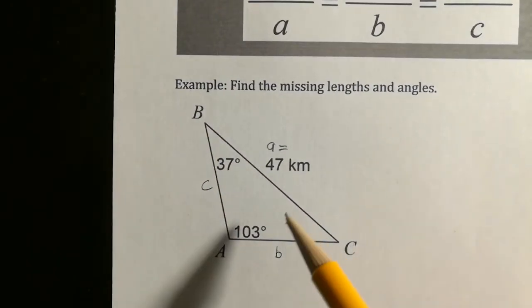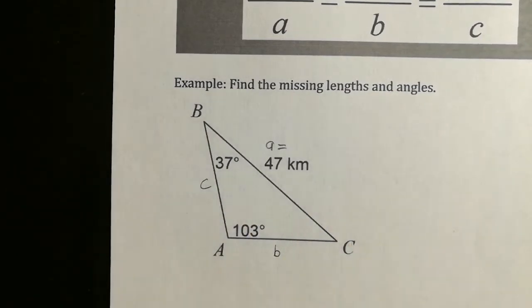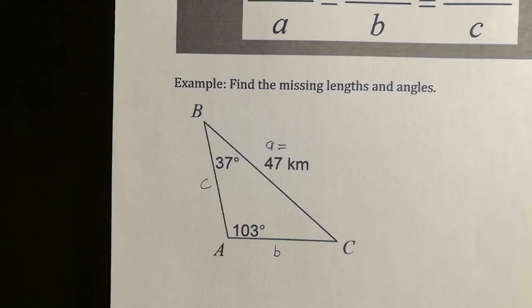So here I have a triangle. I'm asked to find all the missing lengths and angles. One thing I notice is the missing angle will be pretty easy to find because we already have two angles. In order to find the missing angle, we're just going to use the triangle sum theorem that says all the angles in a triangle add up to 180 degrees.